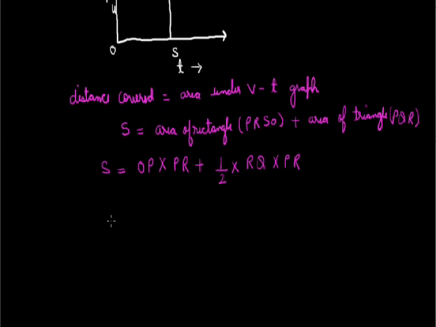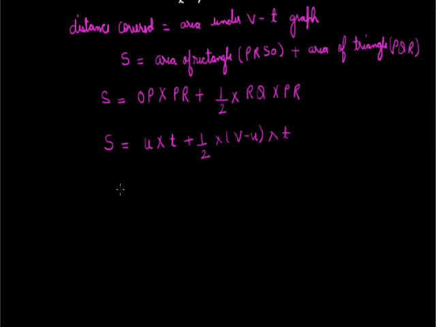Now we will substitute the values of these sides according to the graph plotted above. So s will be equal to u multiplied by t plus half multiplied by v minus u into t.